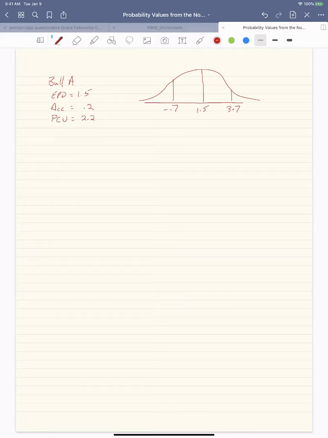Okay, so what we're going to do now is look at the probability that this bool's transmitting ability is between 1 and 4. So now what we're looking at is on the left side of the mean, which means that when we find that z-score for 1 and look it up, it will be negative.